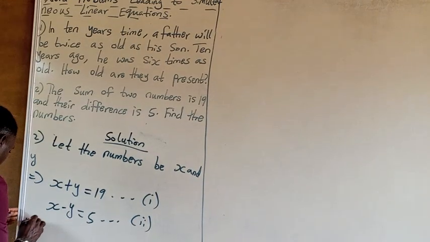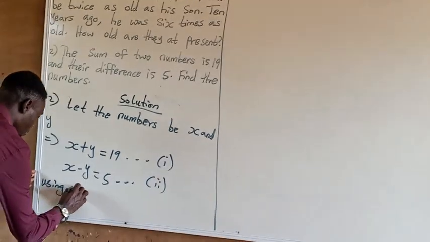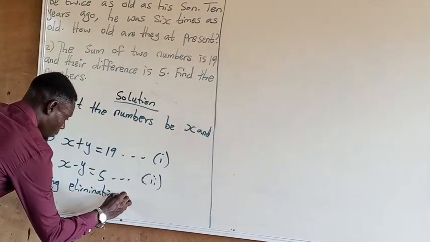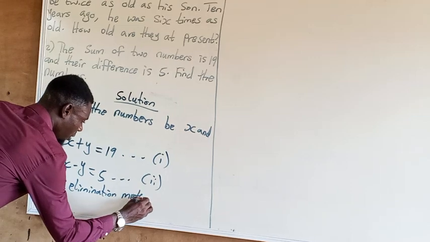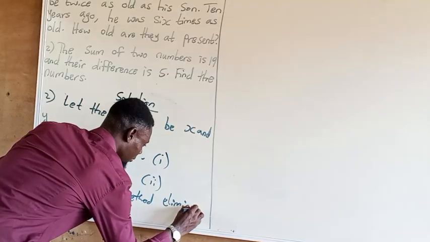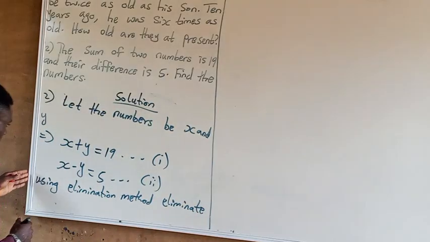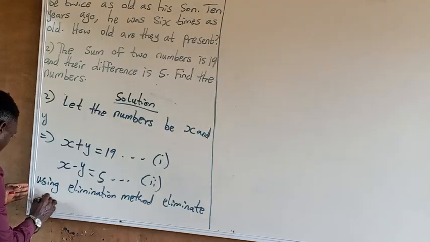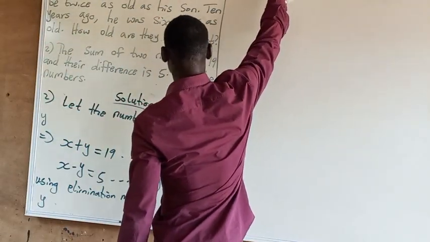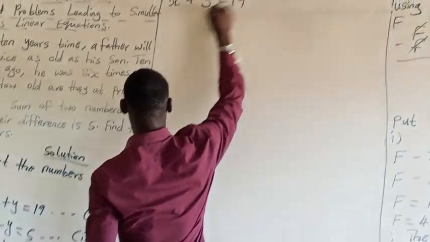Using the elimination method, eliminate Y. Now let's bring back the equations. X plus Y is equal to 19.